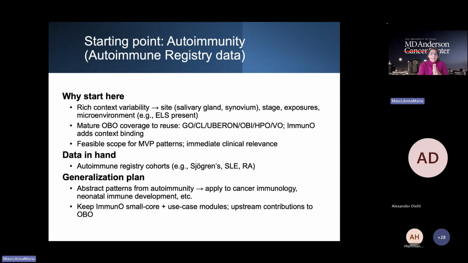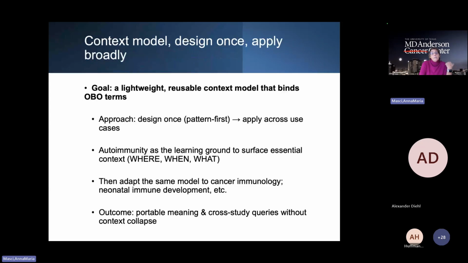And the idea is to start from this autoimmunity and to create a model to represent context that will be used not only for autoimmunity, but for all the other immunological contexts. So really the idea is to use this Sjögren use case to develop a context model for immunology.